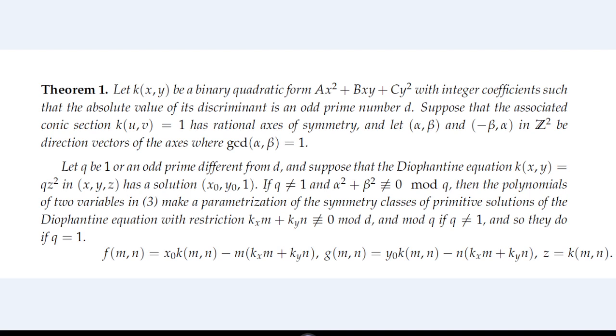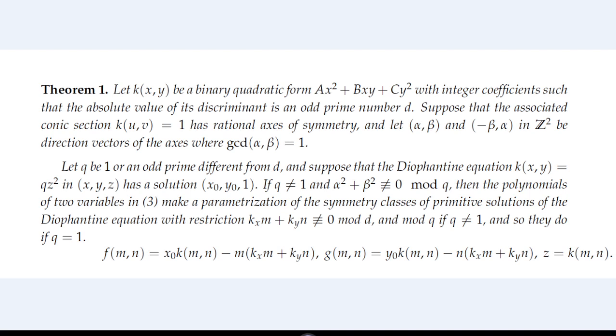Let q be 1 or an odd prime, different from d, and suppose that the Diophantine equation k(x,y) equal to q z squared in x, y, z has a solution (x naught, y naught, 1).